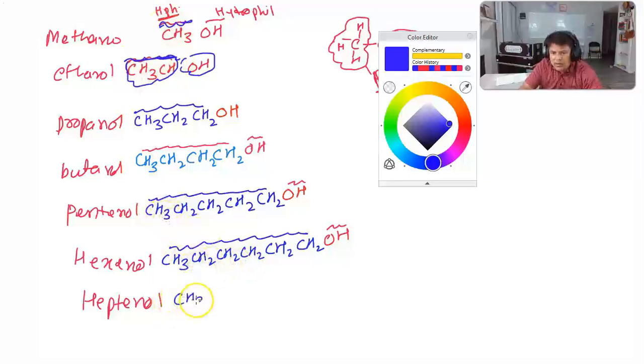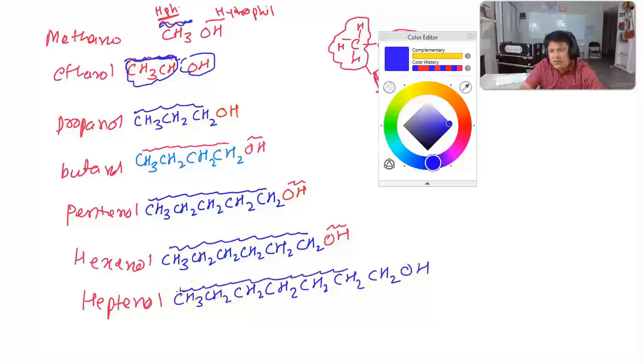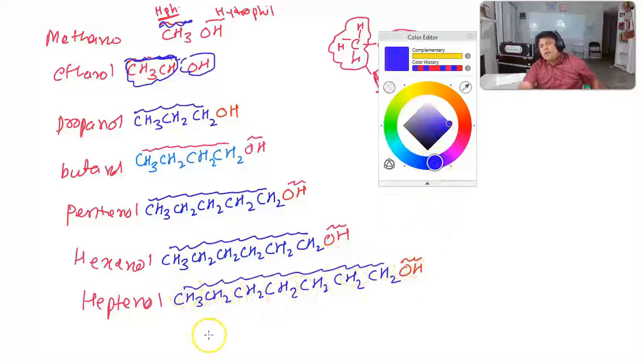So heptanol, CH3, then CH2 groups, and CH2OH. Heptanol means 7 carbons. That much is hydrophobic, and only this OH is hydrophilic. So the hydrophobic part increases as the carbon chain increases.